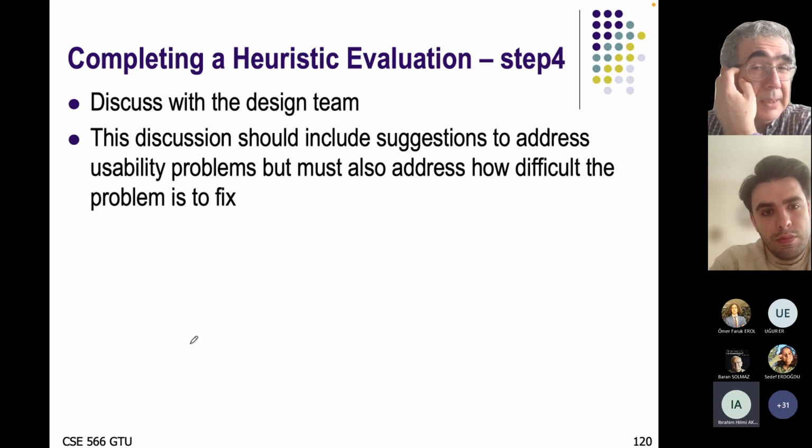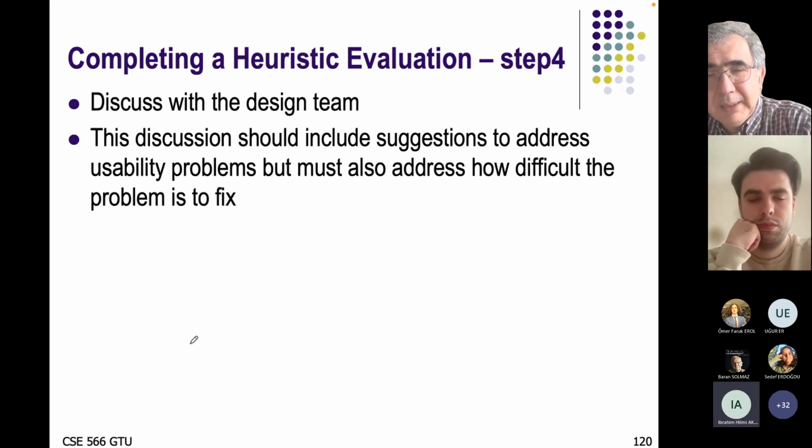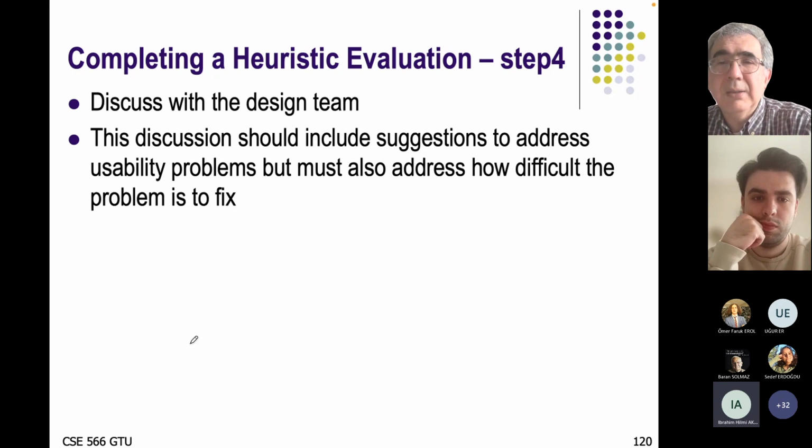At the end, combine the results and discuss with the design team. Design team will not like it because they did it, but being careful, discussions should include suggestions to fix the usability problems.